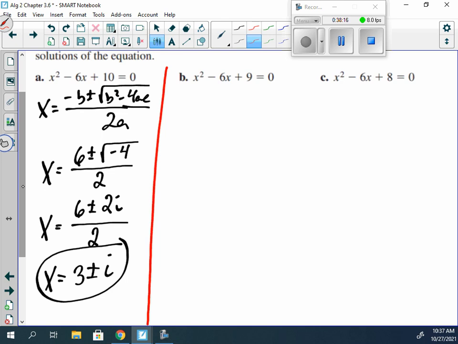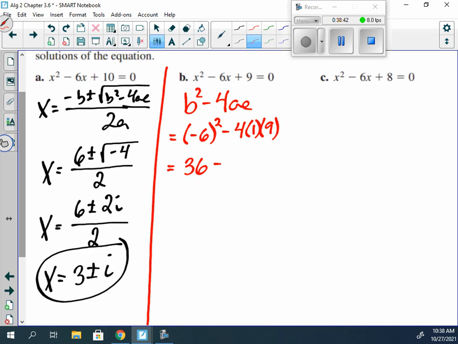Let's just look at, for the next two, we'll look at what the discriminant is and the types of solutions. So here, our discriminant is still b squared minus 4ac. Well, b is negative 6 squared minus 4 times 1 times 9.